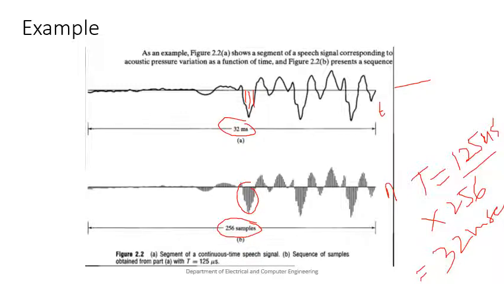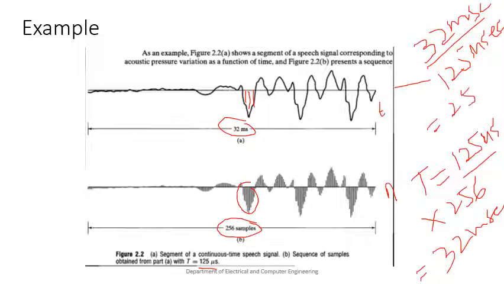Okay, so let me repeat it for you. This signal is of 32 milliseconds. Then we have sampled it using this time, 125 microsecond. So if you divide 32 millisecond by 125 microsecond, you will get 256 samples.